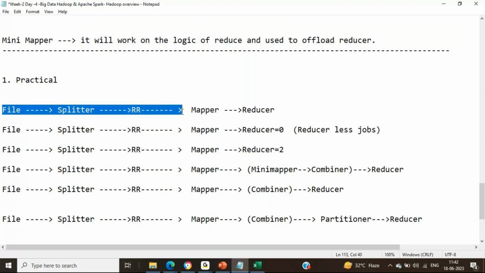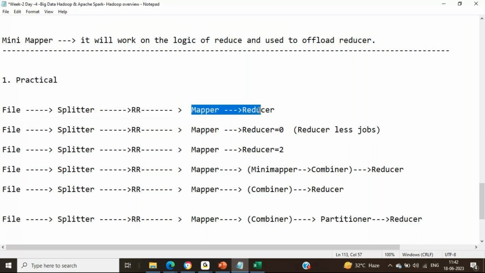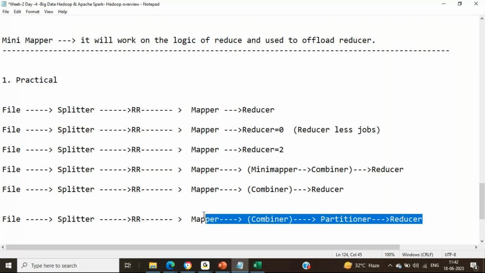These things are taken care of by Hadoop itself, and from the developer's perspective you need to bother about the mapper, reducer, combiner, and partitioner. You need to write the logic for these components, and then you will be able to perform your task.